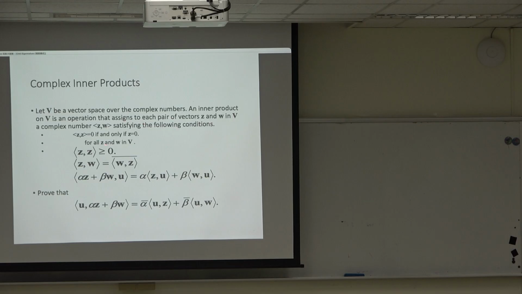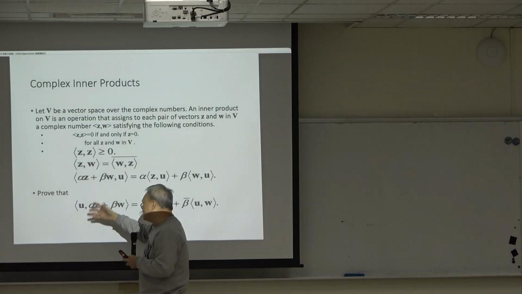And for all Z and W in V, first Z inner product Z is greater than or equal to 0. Z inner product W is going to be the conjugate of W inner product Z, and alpha Z plus beta W inner product U is going to be alpha times Z inner product U plus beta times W inner product U. So we have these two rules.